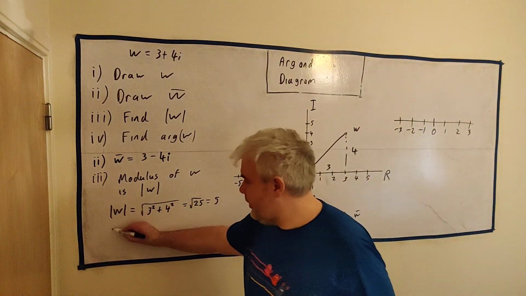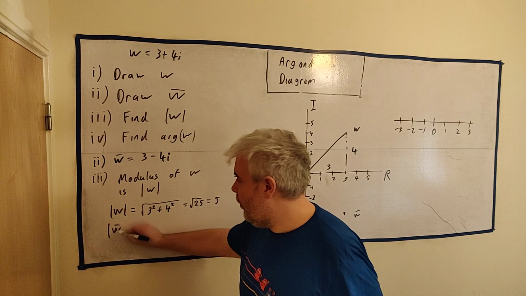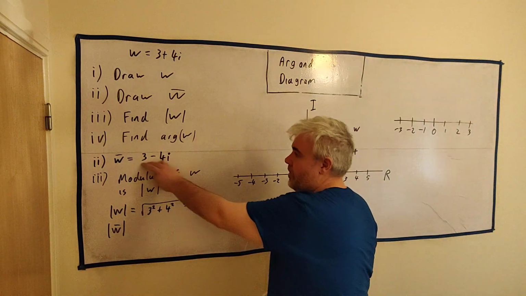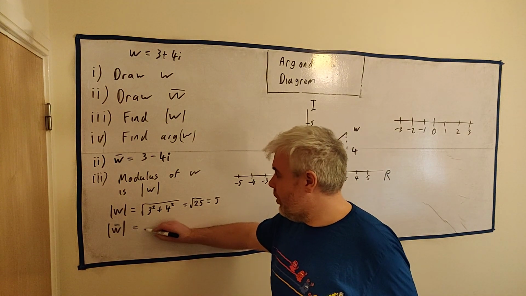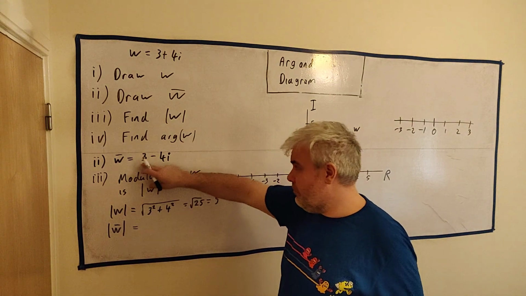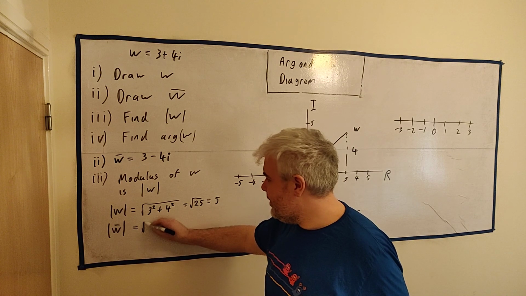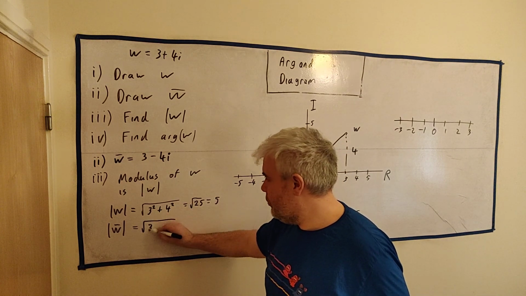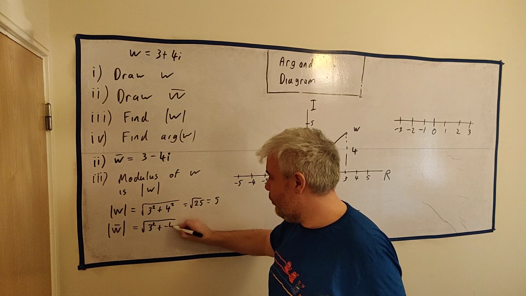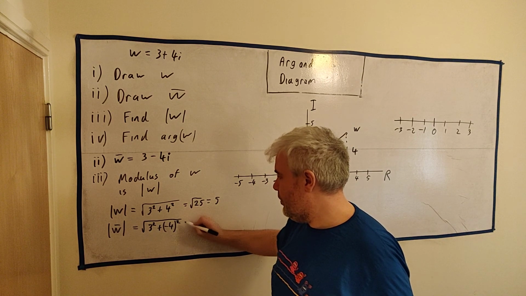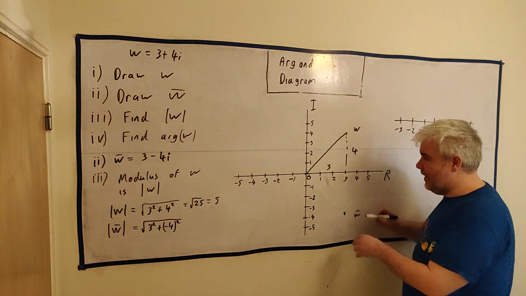Let me also get the modulus of the conjugate. Here's the conjugate here. And now we don't actually need to use the picture. I'll just show you how to use the numbers. This is still equal to this number squared, 3 squared, plus this number squared, which is minus 4 squared. But I would point out geometrically that's a little different.